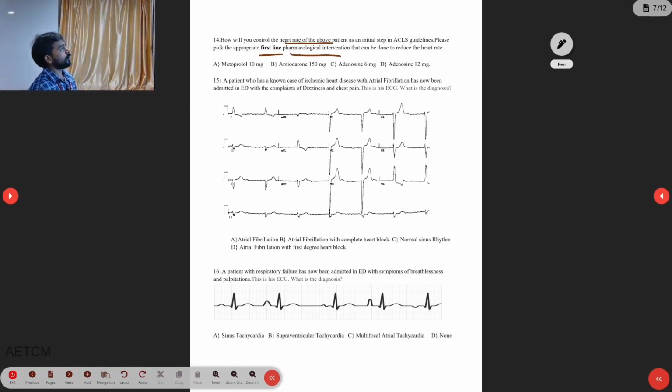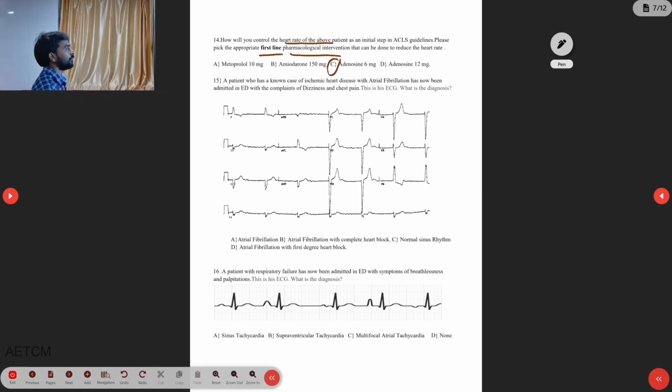Usually if you want to reduce the heart rate, and you know clearly that the patient has narrow complex regular tachycardia with absent P waves, that is SVT, the first thing you can do is carotid sinus massage or vagal maneuvers. If the rhythm is not reverting and the heart rate is not reducing with that, then we can go for pharmacological treatment, that is adenosine. Adenosine 6 mg can be given, followed by 12 mg.